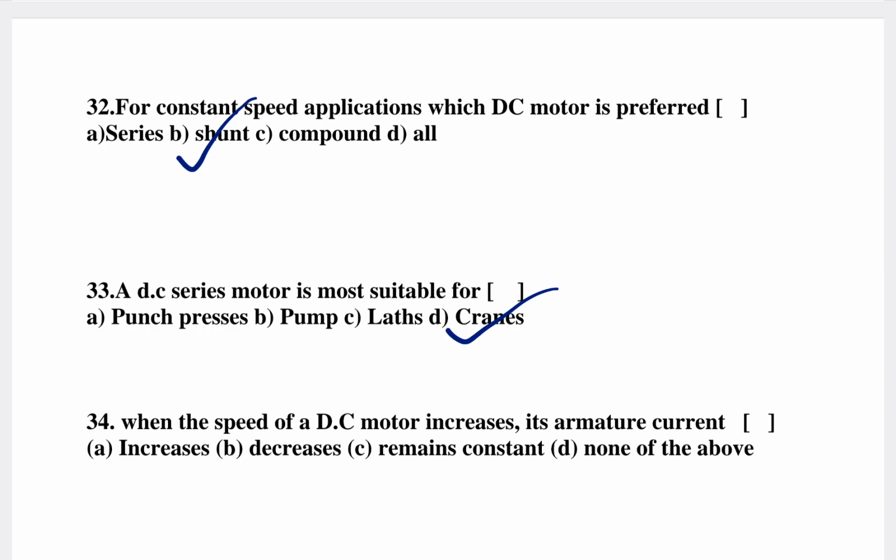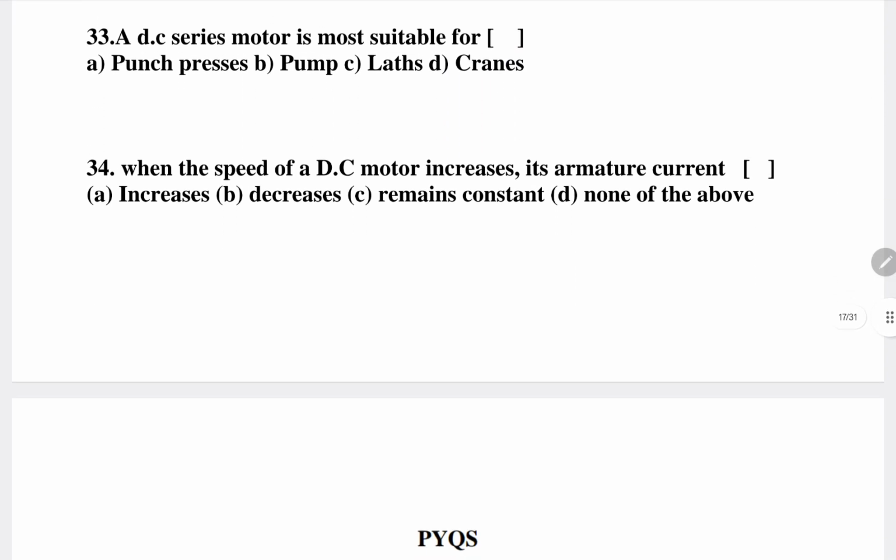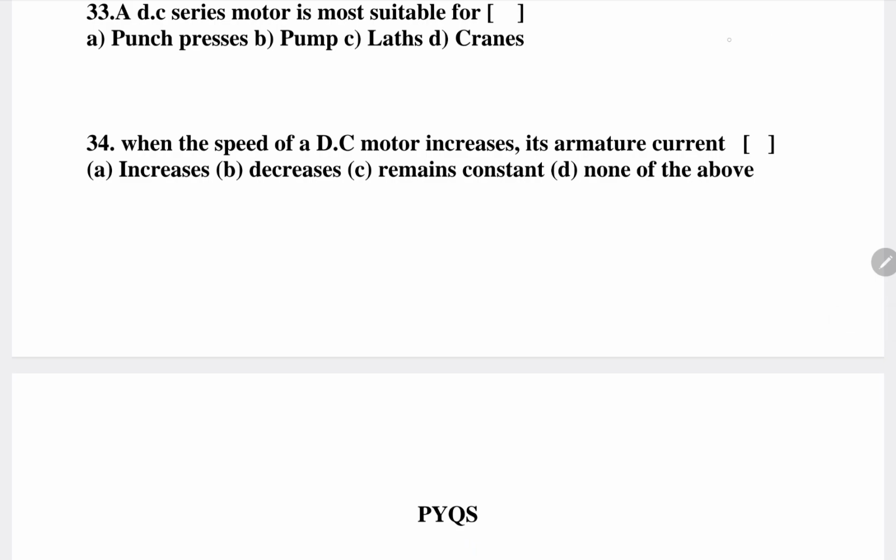When the speed of the DC motor increases, what happens to the armature current? The armature current formula is Ia is equal to V minus EB divided by Ra.